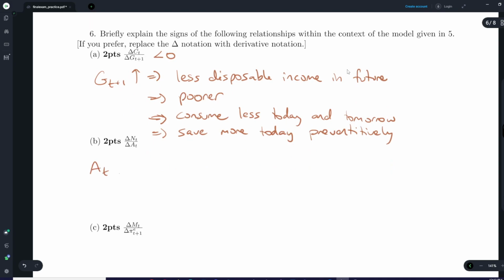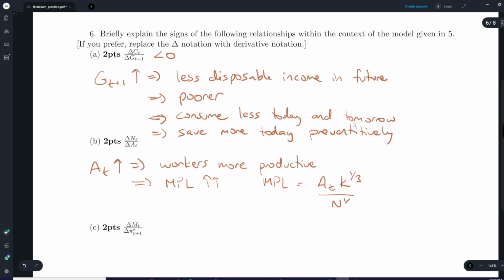We are thinking about A_t going up, so that means that workers are more productive. This means that the marginal product of labor is going up, right? The marginal product of labor, if you want to assume Cobb-Douglas, is A_t K^(1/3) over N^(1/3).